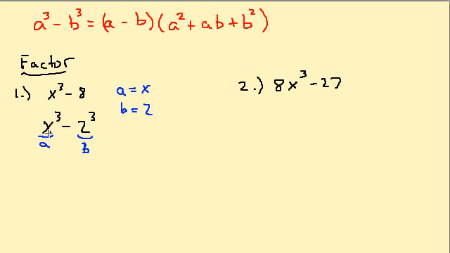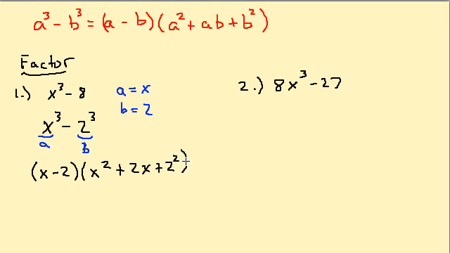So I've got a minus b, so x minus 2, times a squared, so that's x squared, plus a times b, x times 2 is 2x, plus b squared, so plus 2 squared.